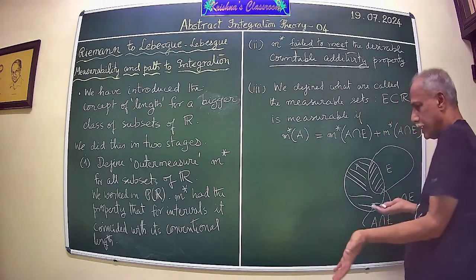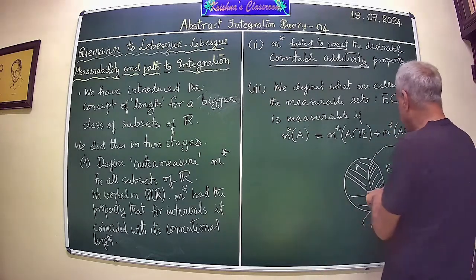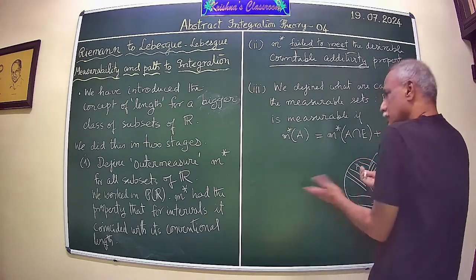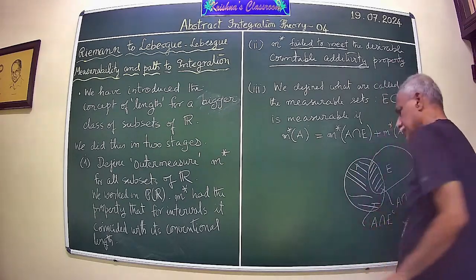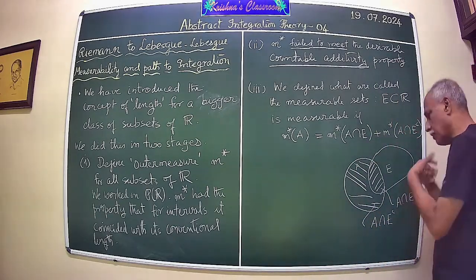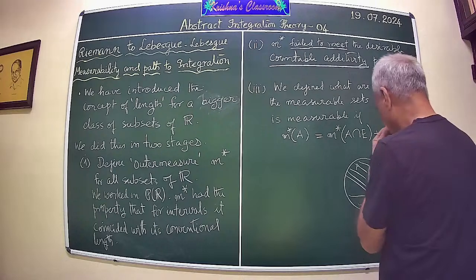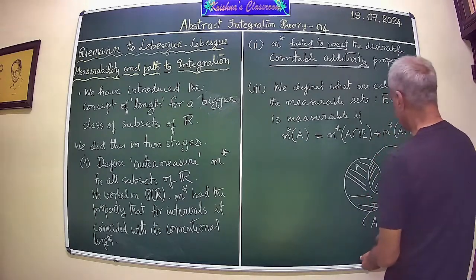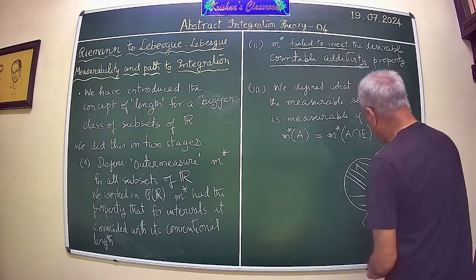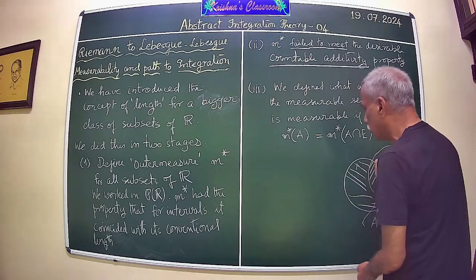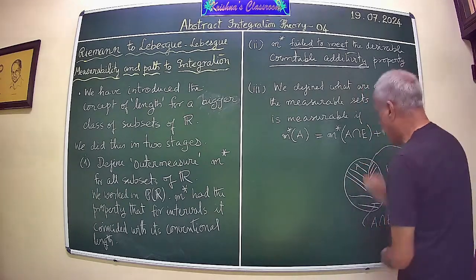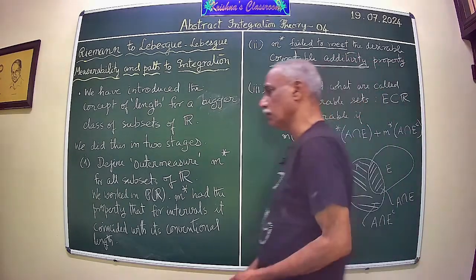What we said is something simple. M star of A is defined, m star of A intersection E is defined, m star of A intersection E complement is also defined. What we want is that the outer measure of these two portions should add up to give you the outer measure of A.